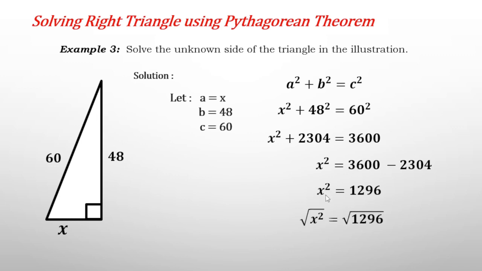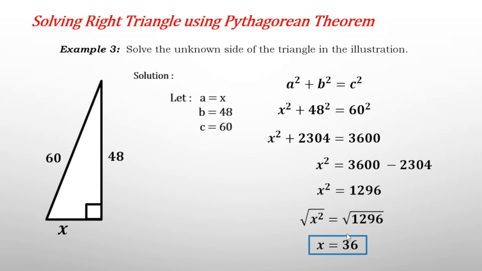So we need to extract the square root of both sides in order to omit the square of x. The equation becomes the square root of x squared is equal to the square root of 1296. Simplifying further, the square root of x squared is x, and the square root of 1296 is 36.